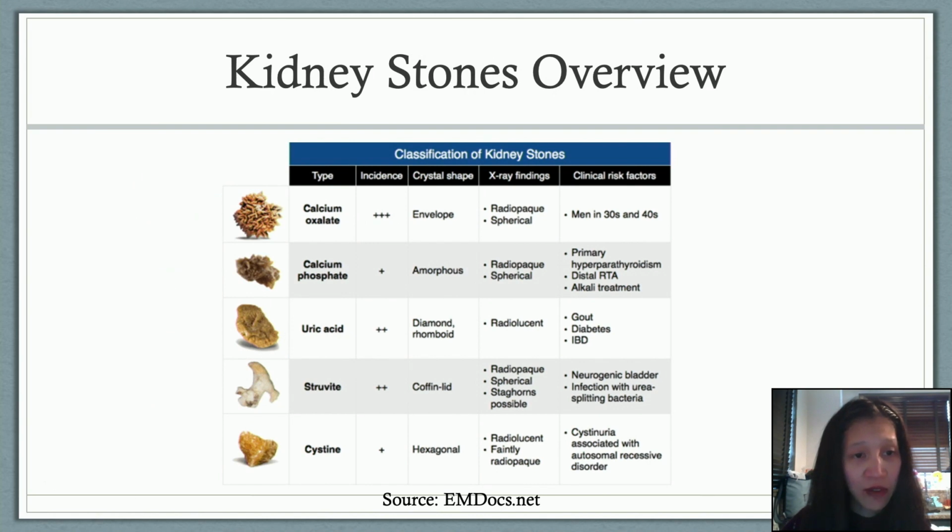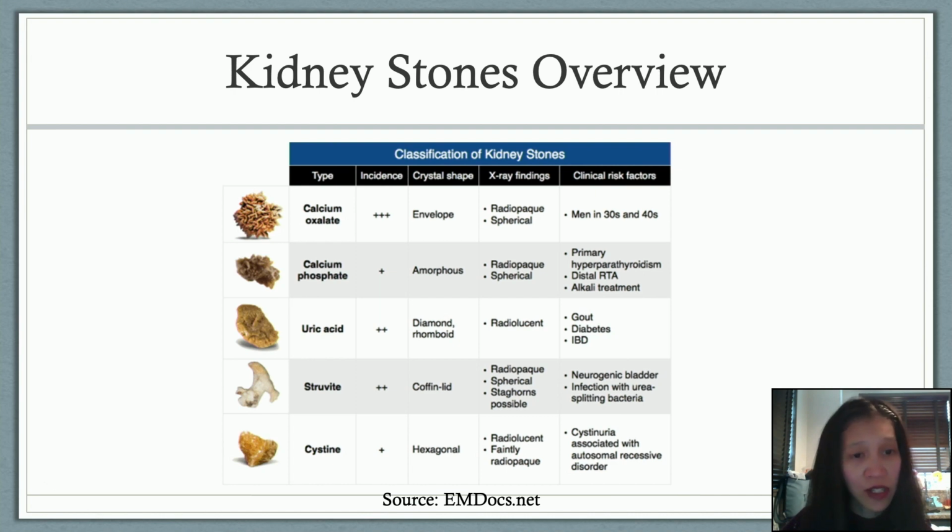This is just a table that shows a breakdown of the main types of kidney stones. Calcium oxalate leads the list. It's the most common type of kidney stone, followed by calcium phosphate stones. There are also uric acid stones, struvite stones, and cystine stones. Uric acid stones are often seen in people who have a history of gout, for instance.